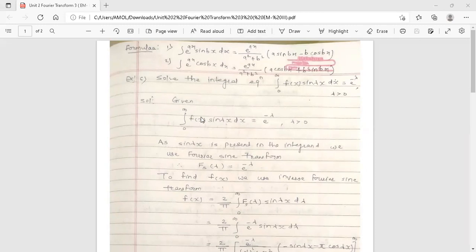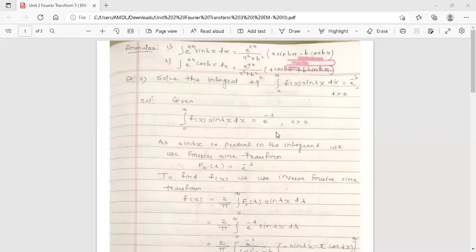So if we replace this x by u, we have the integration over 0 to infinity f of u sin lambda u du, and this term is nothing but the Fourier sine transform. This LHS side is nothing but the Fourier sine transform. This is the formula of Fourier sine transform, and it is equal to e raised to minus lambda.